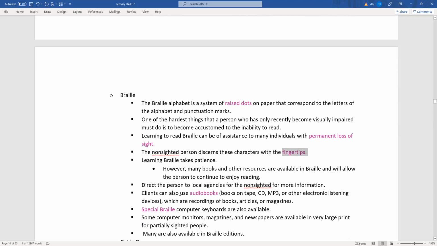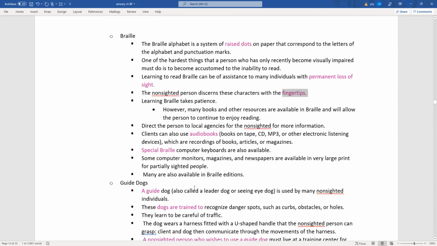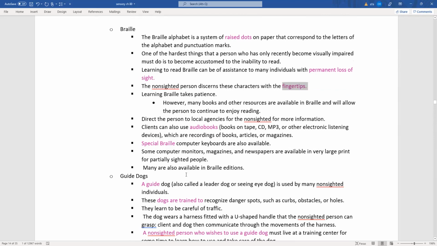Clients can use audiobooks or other electronic devices. There are recordings of books, articles, or magazines. Special Braille computer keyboards are also available. Some computer monitors, magazines, and newspapers are available in very large print for partially sighted people. Many are also available in Braille edition.